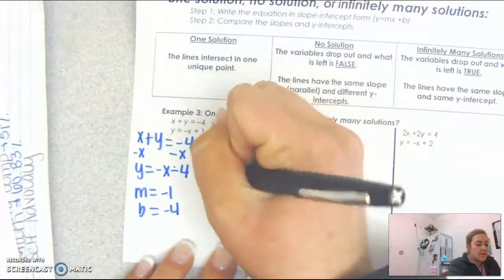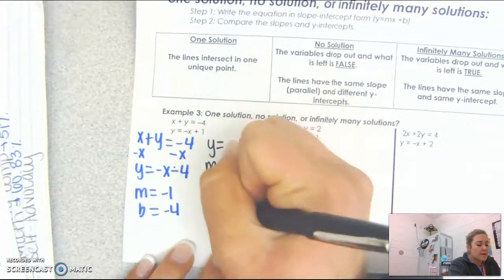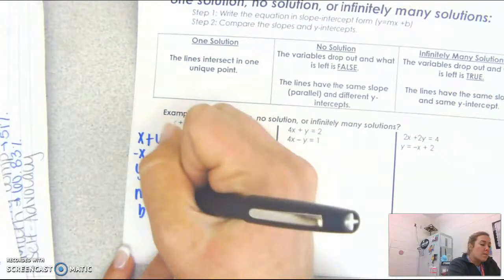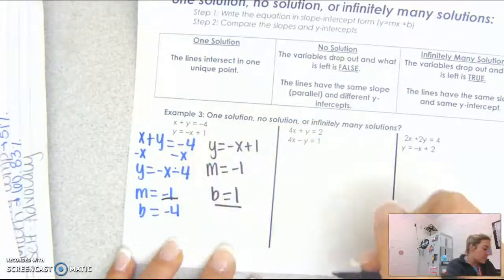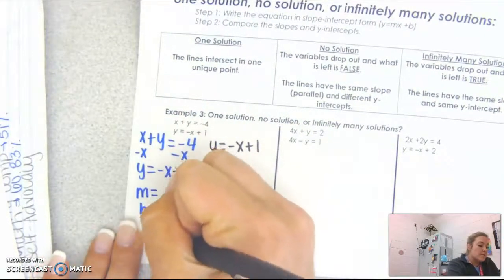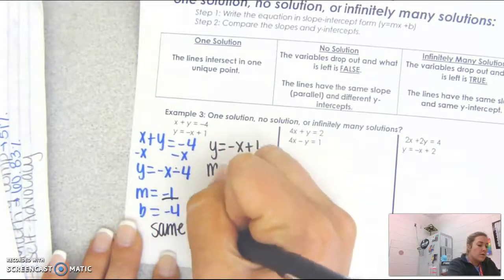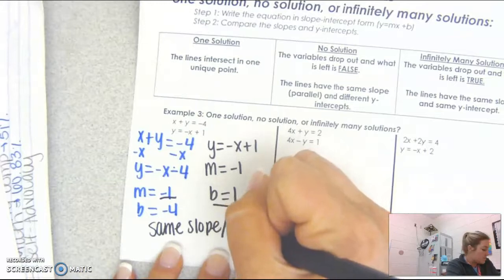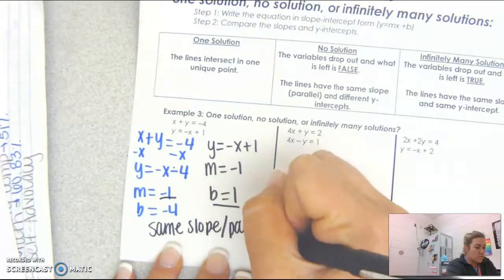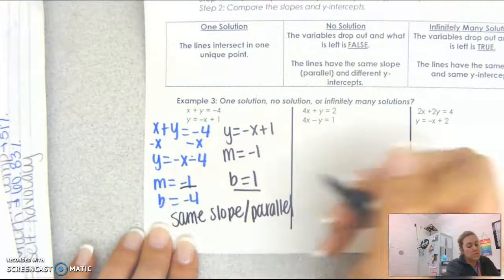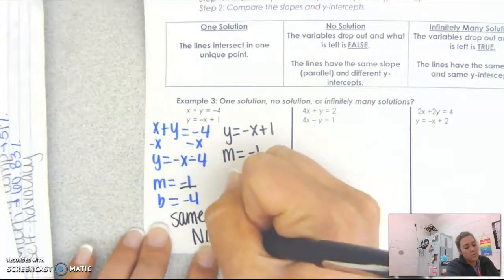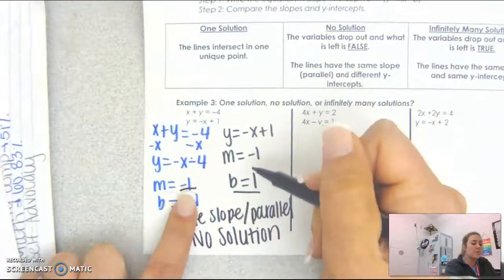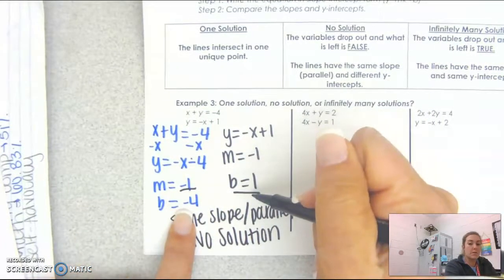So if I were to graph it, my m would be negative 1 and my b would be positive 1. My m's are exactly the same. So since I have the same slope, my lines would be parallel, which means no solution. My slopes are the same, my y-intercepts are different.